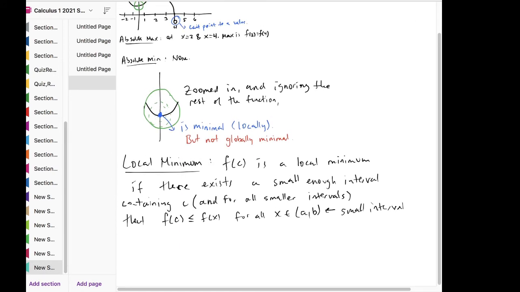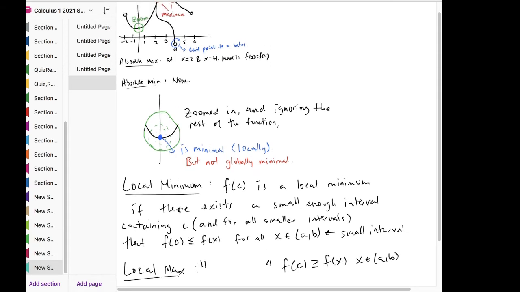Okay, and then of course local max has a similar definition. Okay, any questions on that? So it just means if you, I like to draw a little circle.